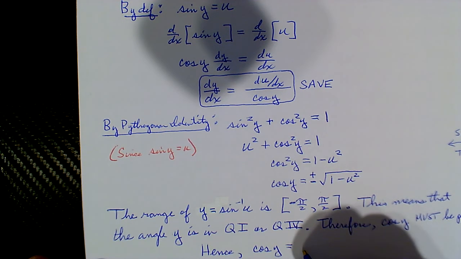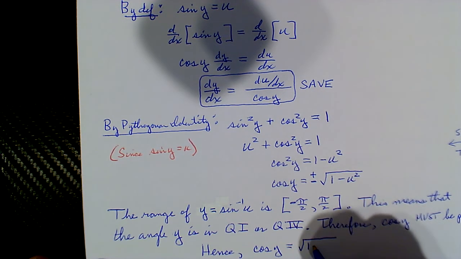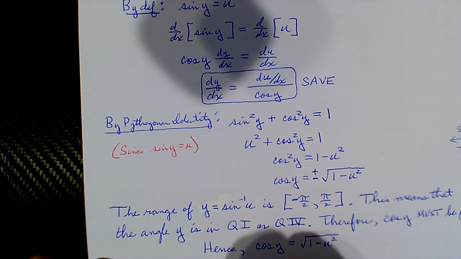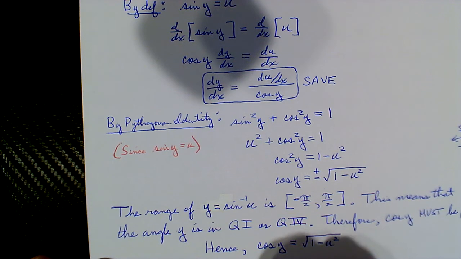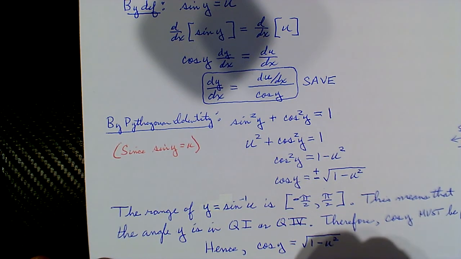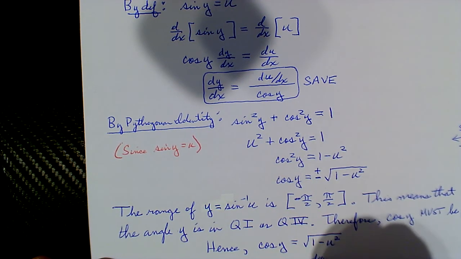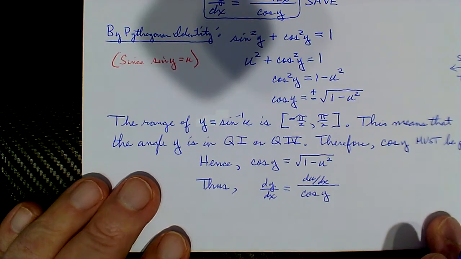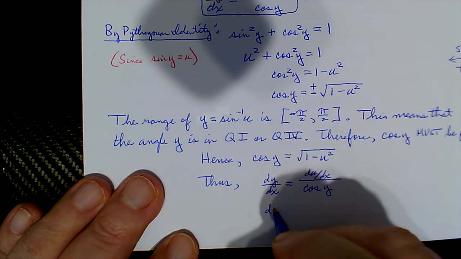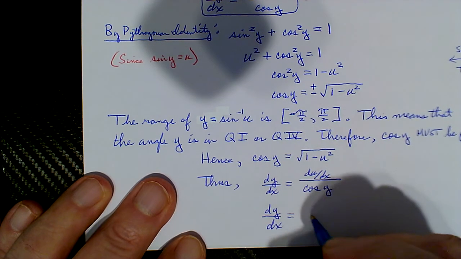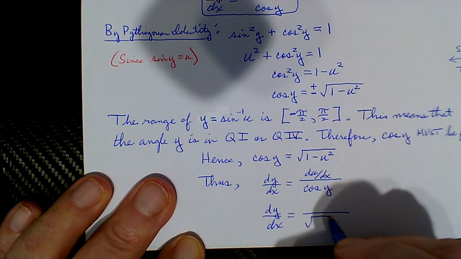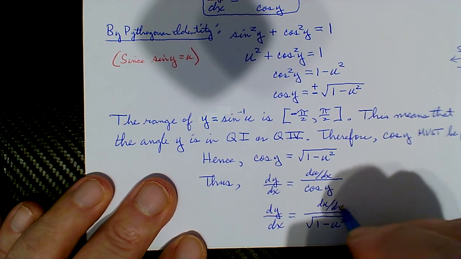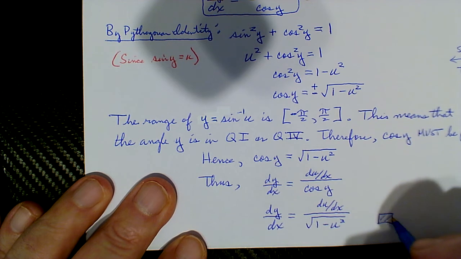We've now proven that we could take it only to be the positive square root of 1 minus u squared, and then I'll finish it up with a thus, and we'll go back and we'll restate that we had already shown that dy dx was du dx over the cosine of y, and now we could replace the cosine of y by the positive square root of 1 minus u squared, and we have our du dx in the numerator, and that ends the proof.